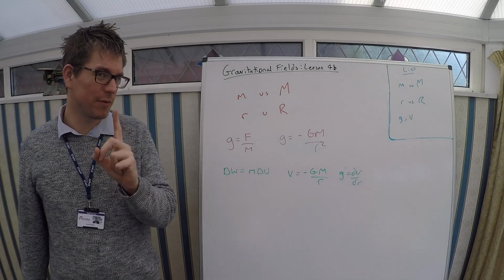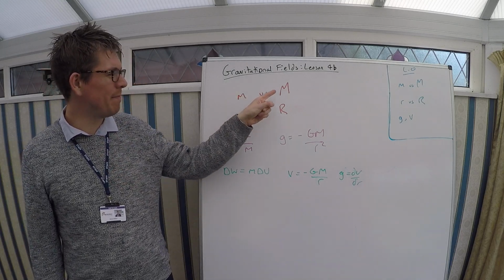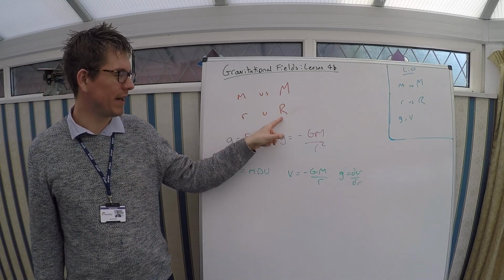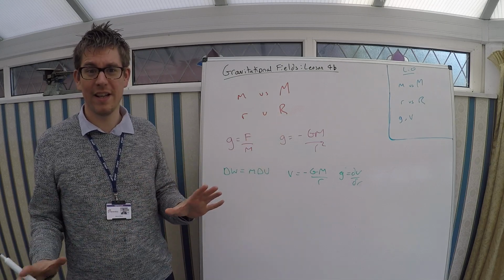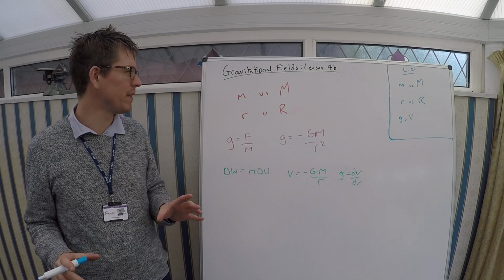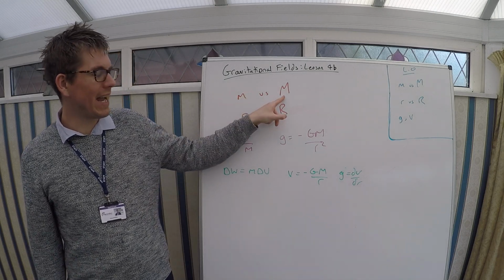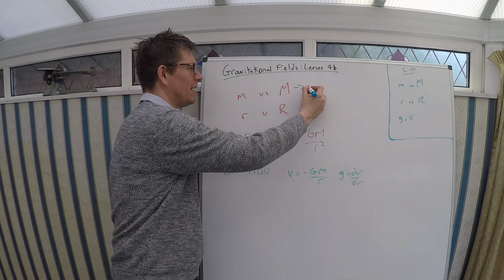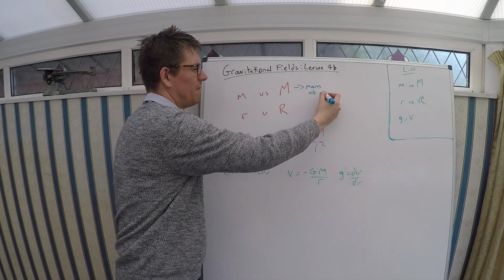The first place everyone always messes up is little m, big M, little r, and big R, which is fine. They're really fiddly, and it's always very easy to get them the wrong way around. So, big M is mass of planet.